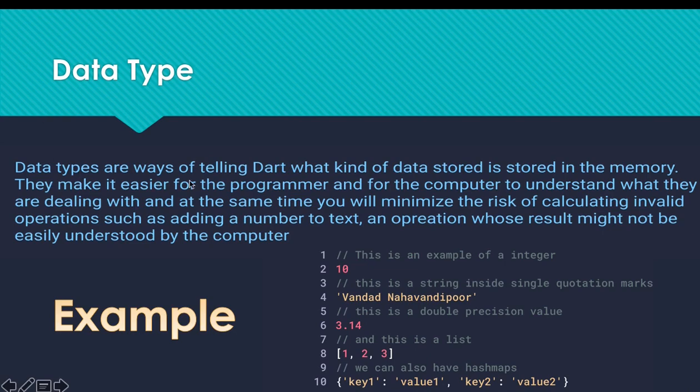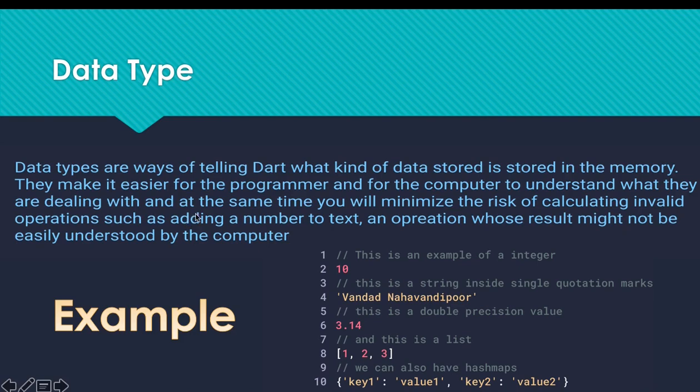Data types are ways of telling Dart what kind of data is stored in memory. They make it easier for the programmer and the computer to understand what they are dealing with.